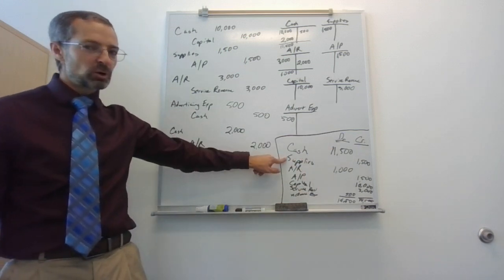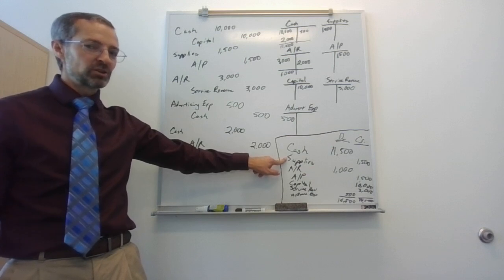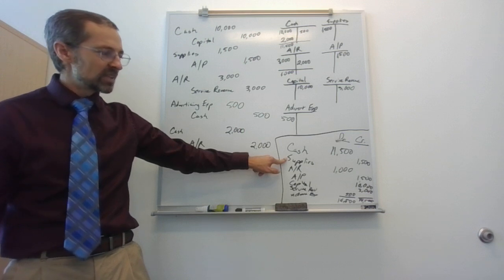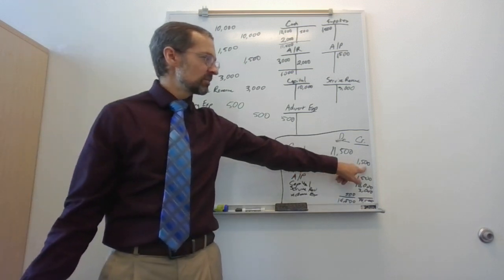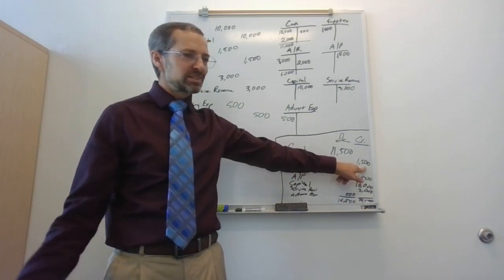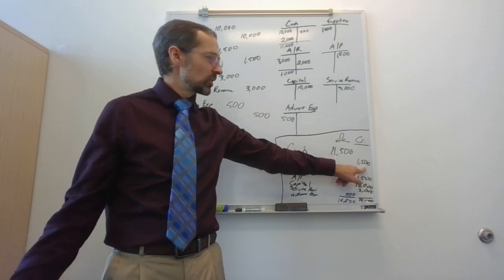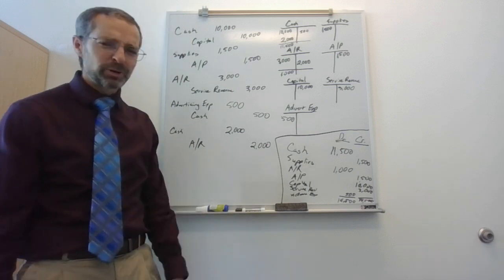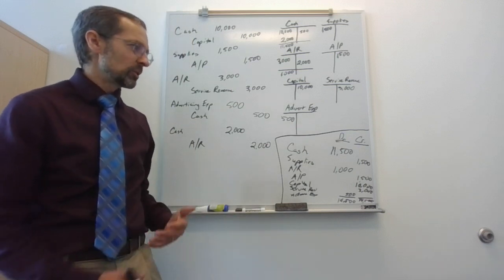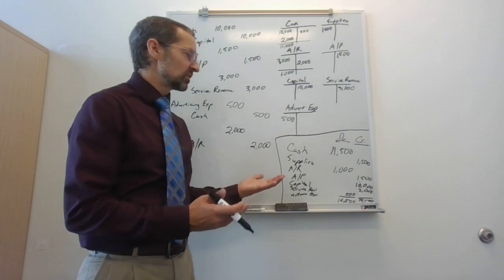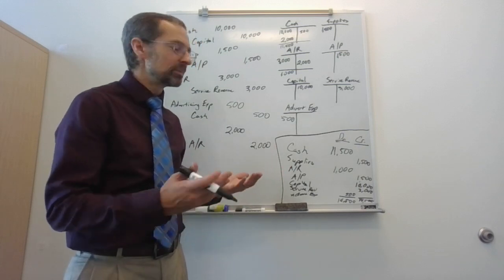Remember, supplies should have a normal balance of a debit. If I have supplies as a $1,500 credit, that means I have negative supplies. So I can look at that and say, hey, how do I have negative supplies?